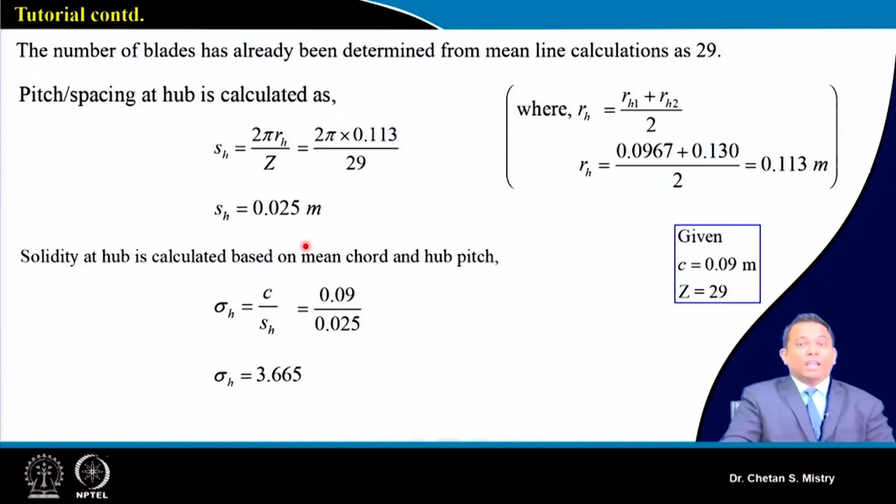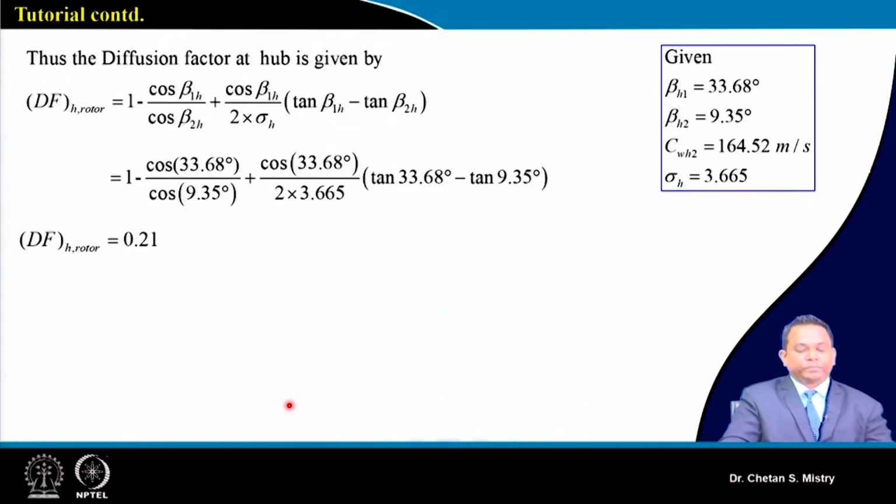There are many designs where people assume this chord to be different. Such kinds of design we will discuss as and when required. At this moment we are assuming our chord to be constant from hub to tip, and that's the reason it gives me solidity as 3.665. Once that solidity is known to us, we can do our calculation for diffusion factor at the hub, and that comes to 0.21.